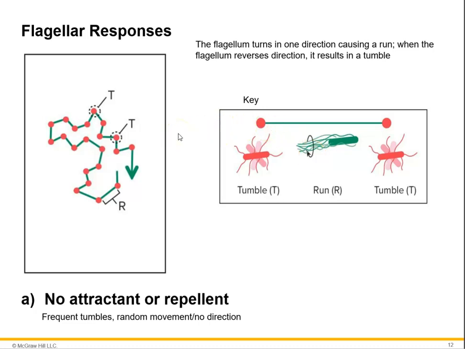And then when the flagella reverses direction, it's going to result in a tumble. So here you have a run, a tumble, a run, a tumble, run, tumble. And you can notice there's frequent tumbles. There seems to be no direction to this movement. It's just kind of random. And this is typical when there's no attractant or repellent in the area.